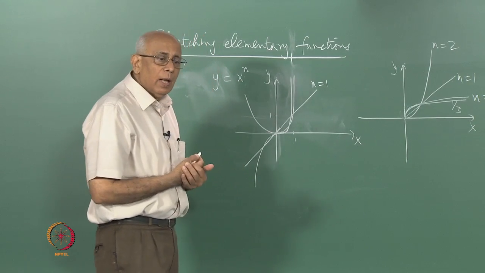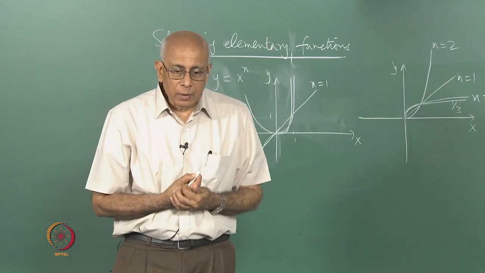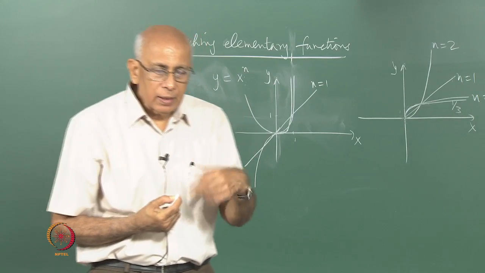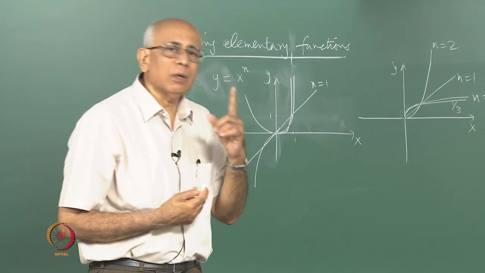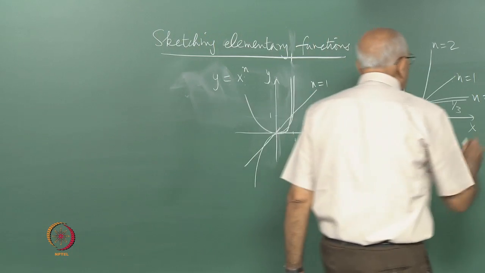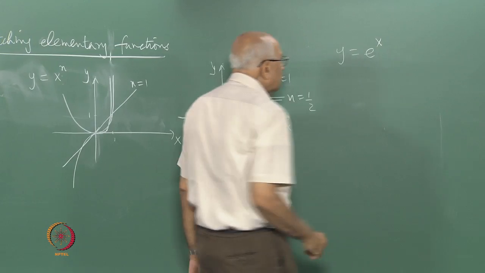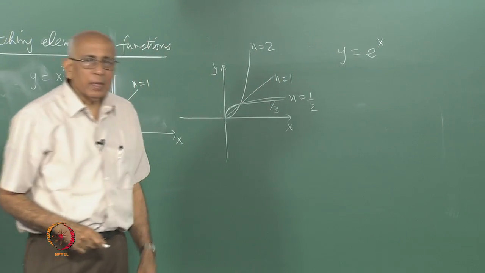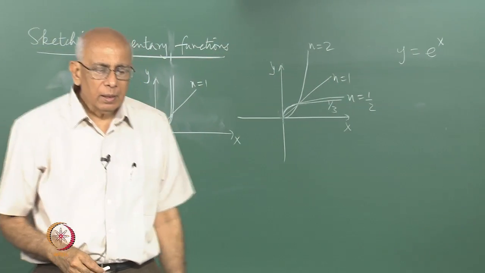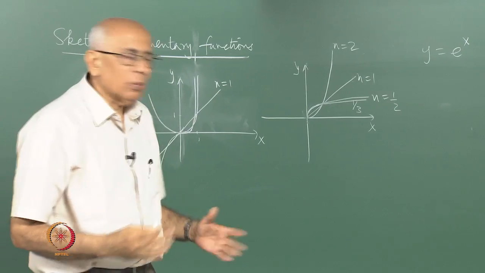Okay. Now what happens to a function like log x, for instance? But before that, let us look at a function like the exponential of x. You are familiar with this graph y equal to e to the power x. I presume that you are familiar already with the idea of an exponential, but if not, let me explain very quickly what it is.